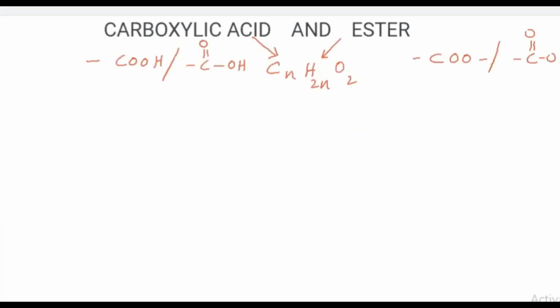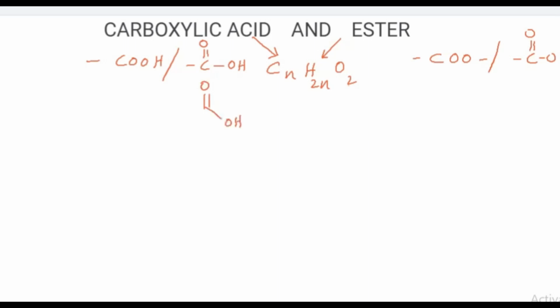Carboxylic acid and ester can be represented by a general formula CnH2nO2. This is the functional group of carboxylic acid, COOH. It can be represented like this, and this is the ester, COO or C double bond O-O. The ester can be extended on both sides, but carboxylic acid on one side. So the skeletal formula of the carboxylic acid has a double covalent bond and an OH.